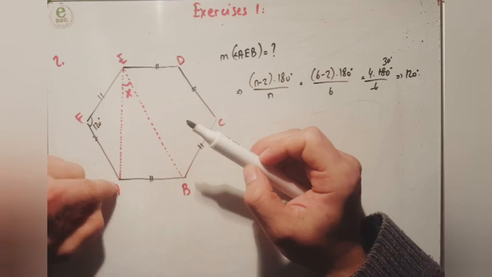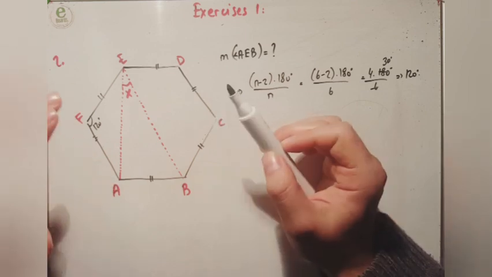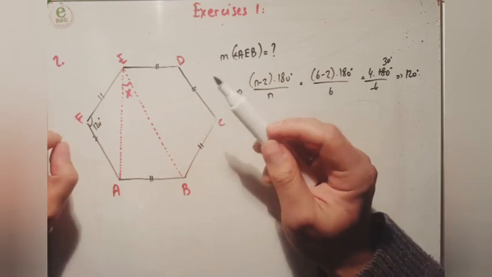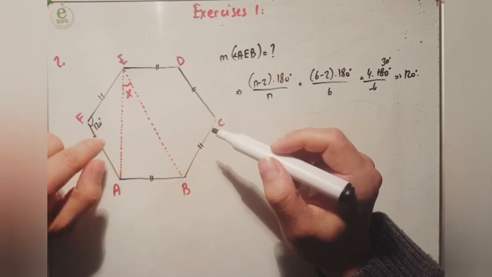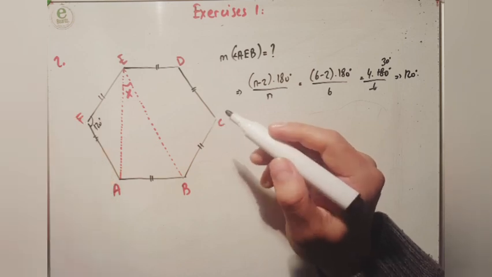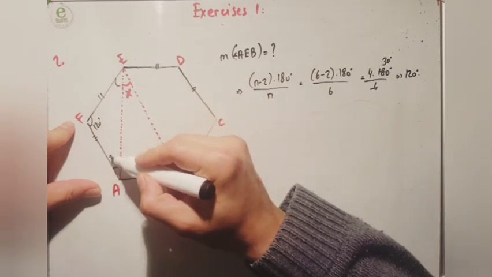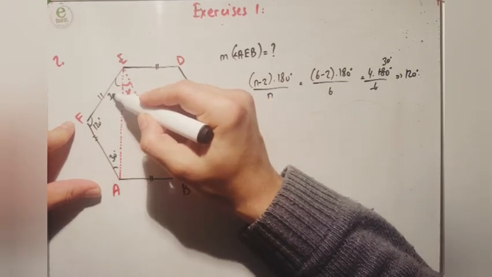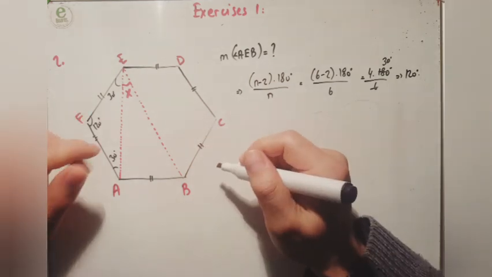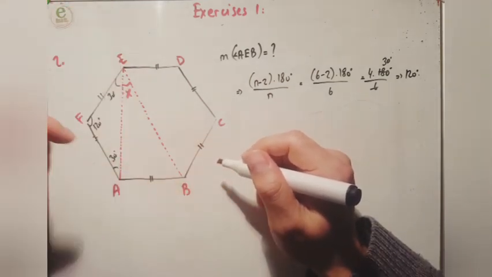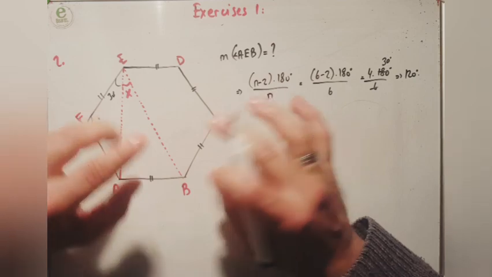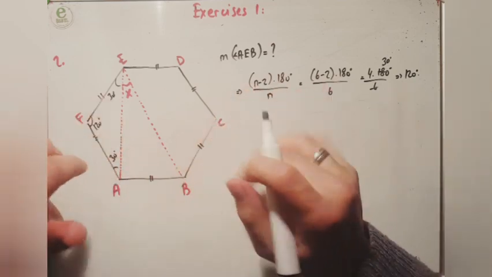So triangle AFE is isosceles because AF is equal to FE. The sum of interior measures of the triangle is 180 degrees. So these two measures must be 30 degrees and 30 degrees. As you see here, the diagonal EB divides the polygon into two equal parts.